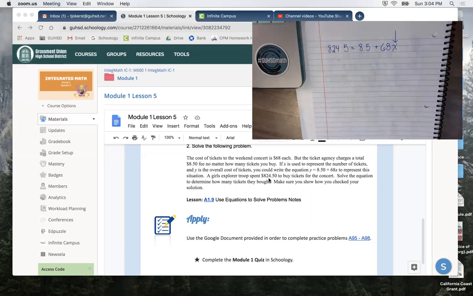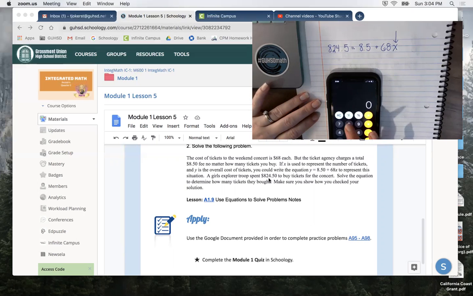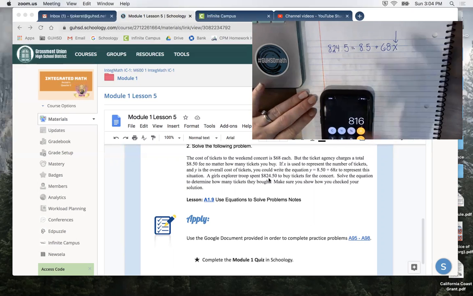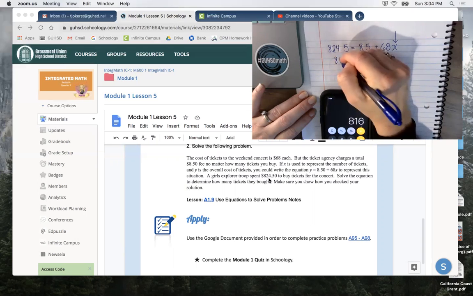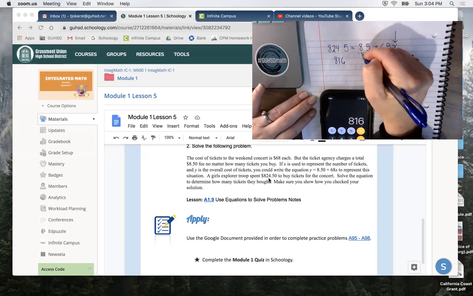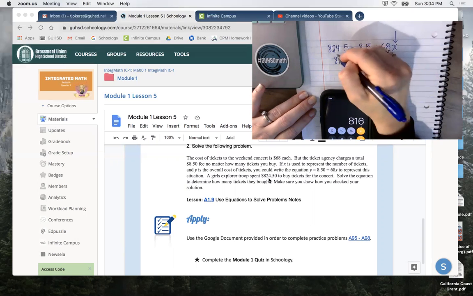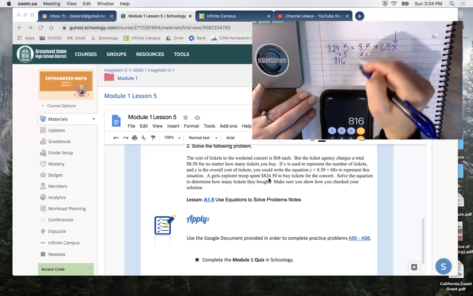My first thing is to grab my cell phone calculator. They're pretty glorious, right? I'm going to take my 824.5 and subtract 8.5. That's going to give us $816. So I got rid of the convenience fee because I have to pay that no matter what. That's gone.